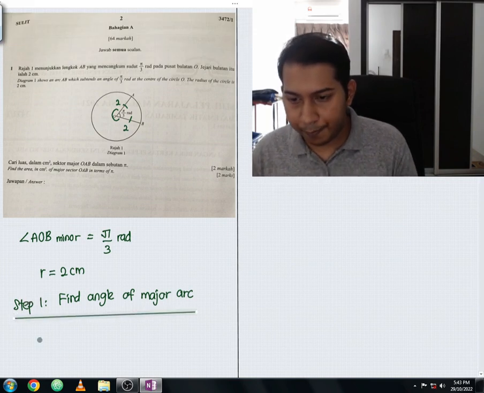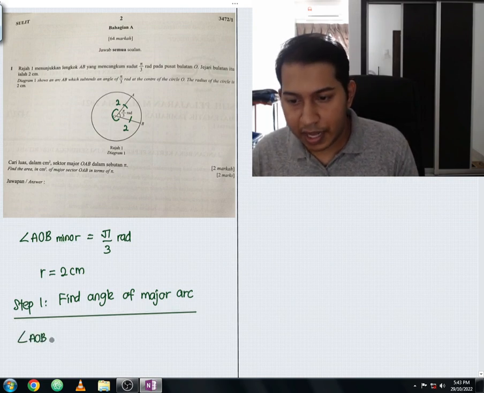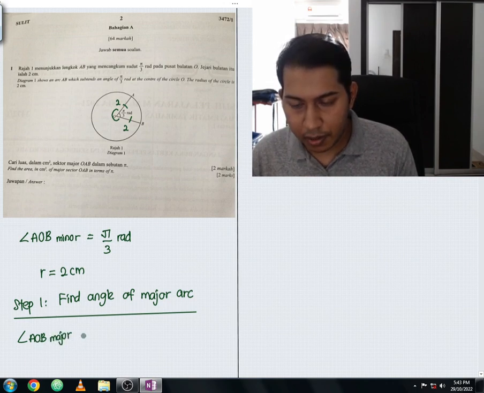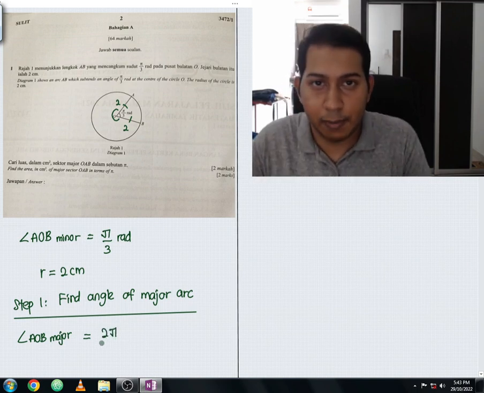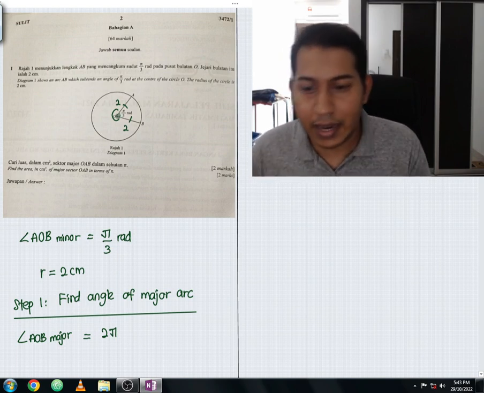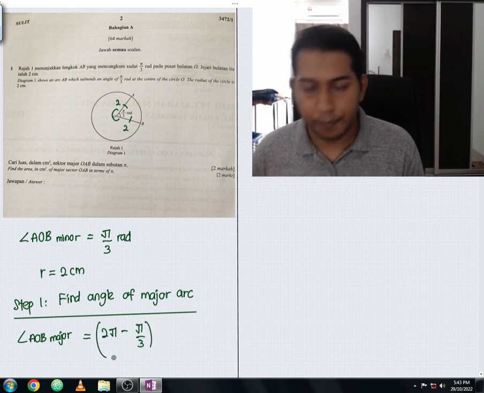To find angle AOB, you should notice here I'm writing major, not minor. So AOB major is equal to 2 pi. Why 2 pi? Like I've explained just now, 2 pi represents the total interior angle of a circle in radian. So 2 pi minus, open bracket, pi over 3, close bracket.